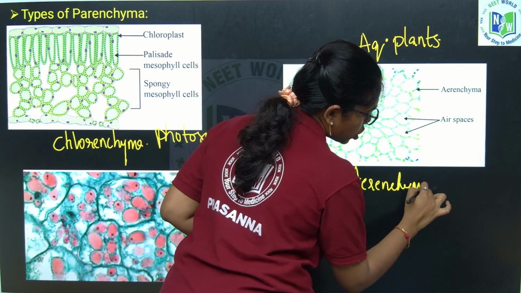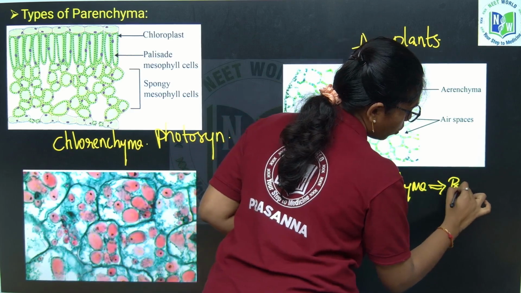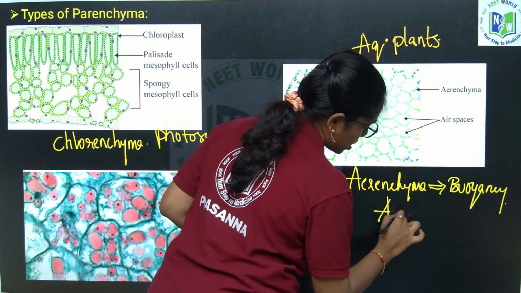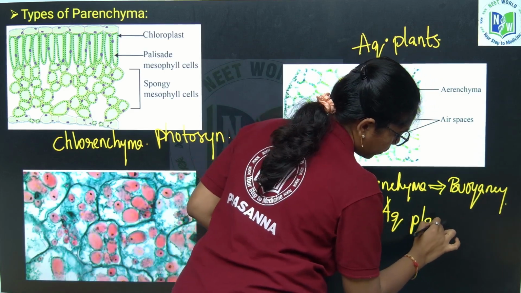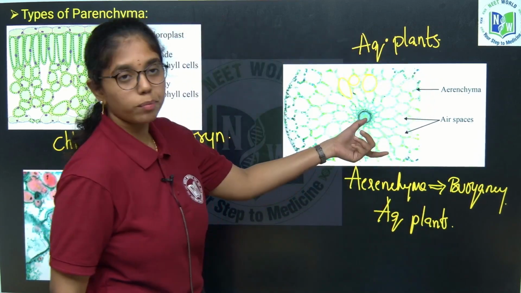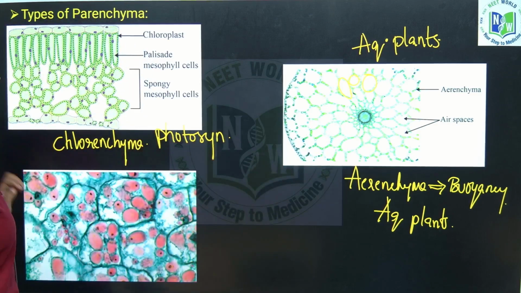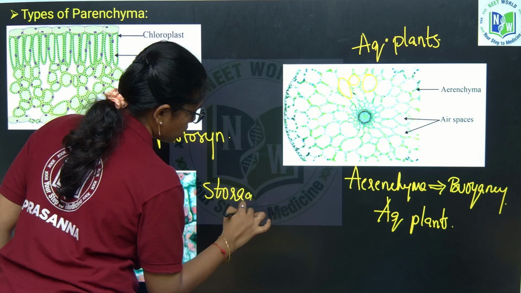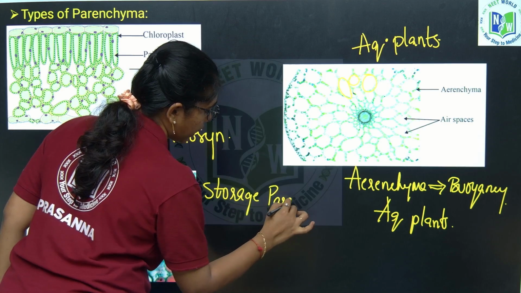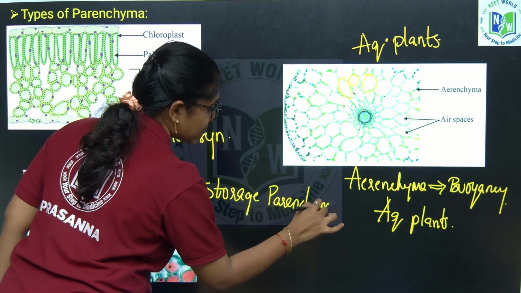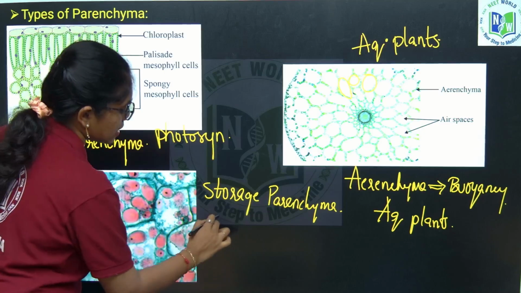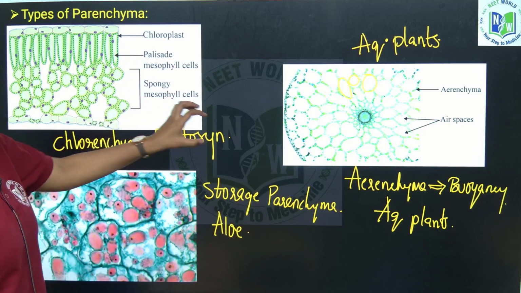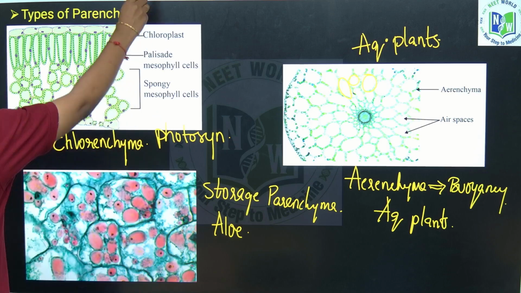The main function of aerenchyma is to promote buoyancy in aquatic plants. The last type is storage parenchyma, mostly seen in some succulent plants like aloe vera. So, these are the different types of parenchyma.